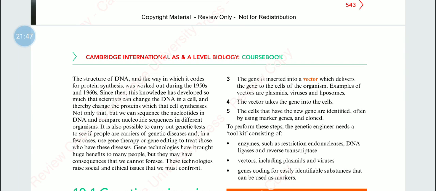Number 2, vectors such as plasmids and viruses. Number 3, gene markers to identify the changed genes.